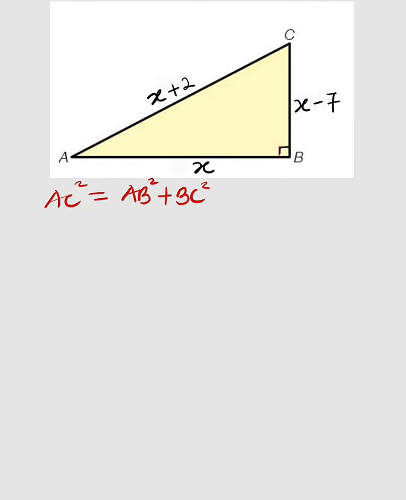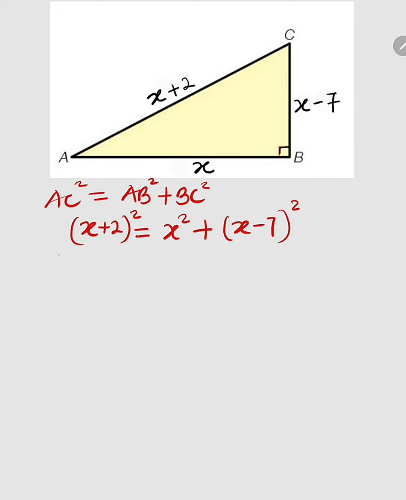By substitution, AC is x plus 2, so we have (x plus 2) squared, and this is equal to AB, which is x, so x squared, plus BC, which is x minus 7, also squared.